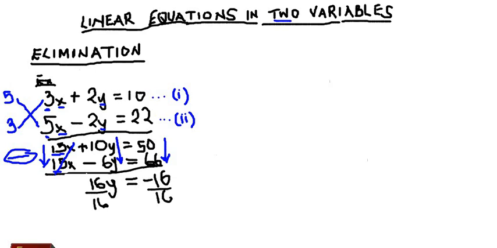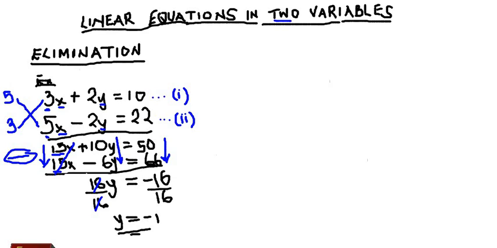So we divide by 16 both sides, and we'll have y is equal to negative 1. So that means in the two equations where there is y, the value is negative 1. We have solved for one variable.